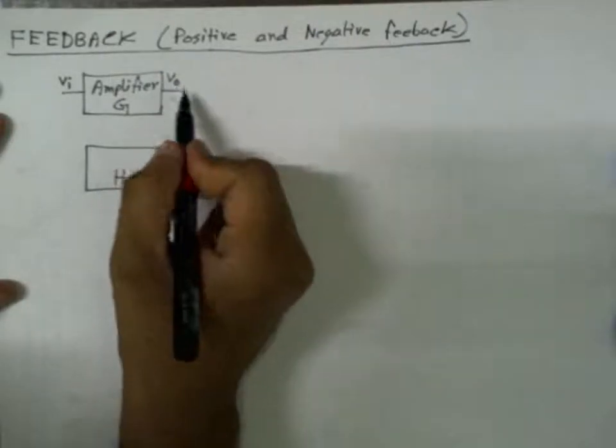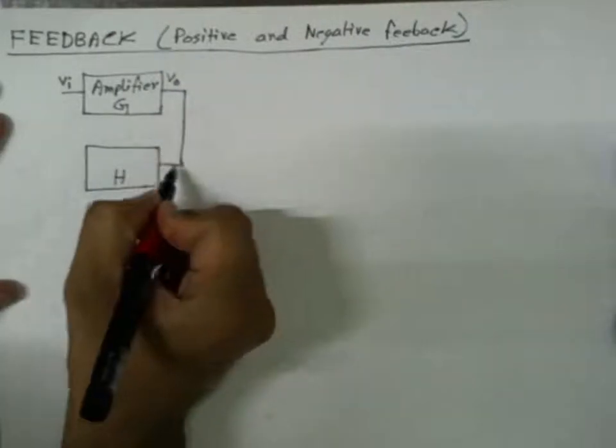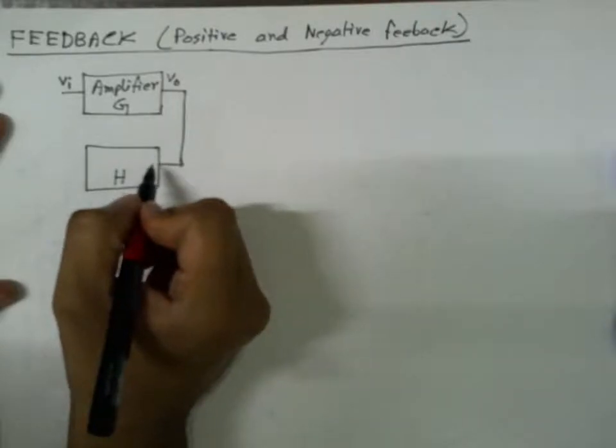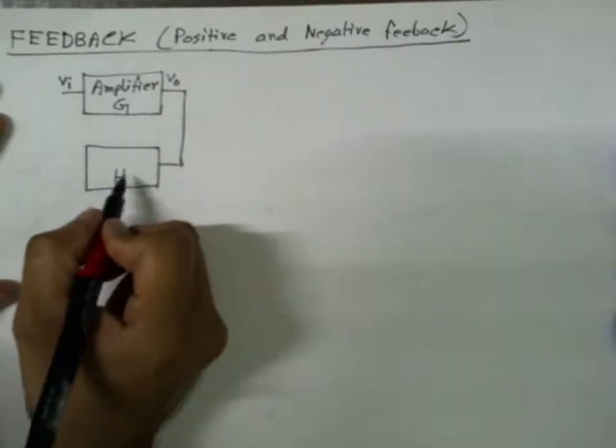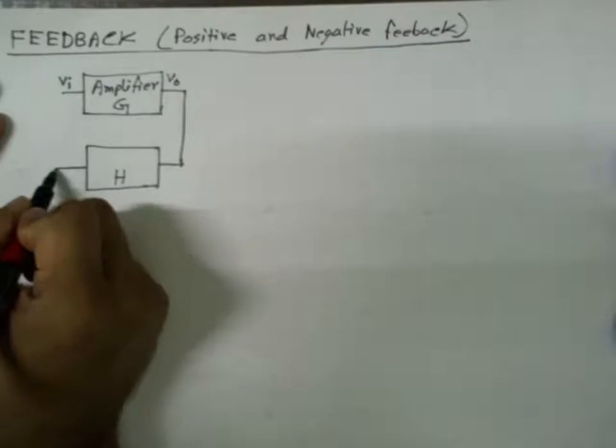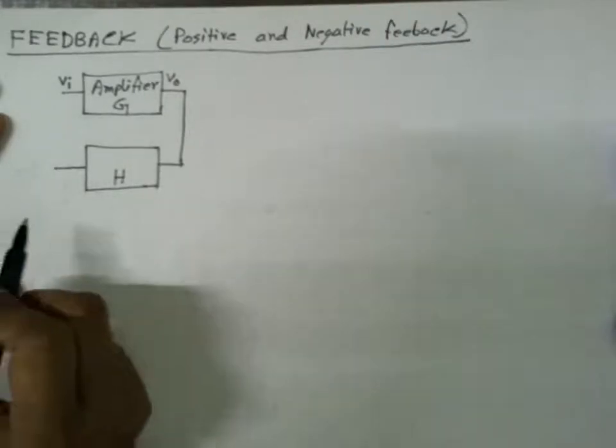So the output of the first amplifier goes to the input of the second amplifier, which has a gain of H, and this is the output of the second amplifier.